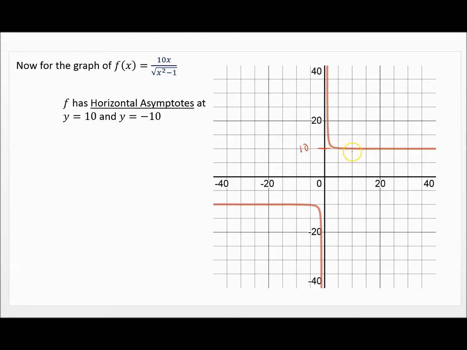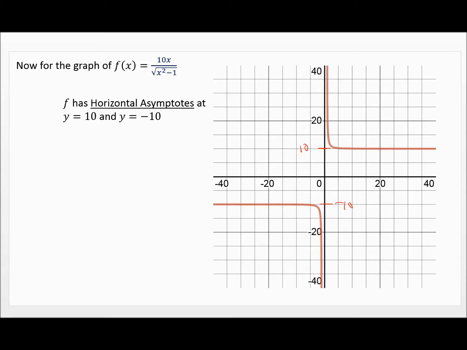There we are, right in there, getting closer and closer and closer to 10. It looks like it sits right on 10, but it really doesn't. It just gets there so quickly. And on the other hand, this is negative 10. So as we go out to negative infinity, what are my y values doing? They're getting closer and closer and closer to negative 10.